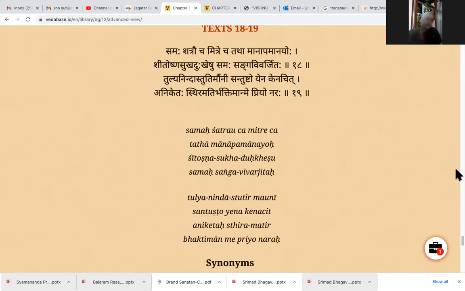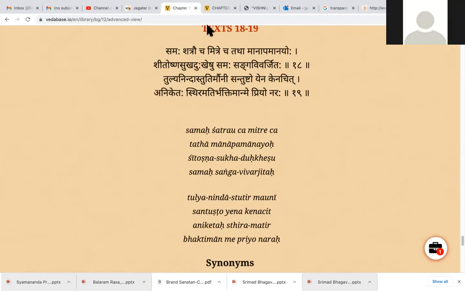Want to give it a try once more? Yes, please, Mataji. Go ahead. Sama shatrau cha mitre cha tada mana pamanayoho shitoshna sukha keshu samaha virjitaha. Vivarjitah.